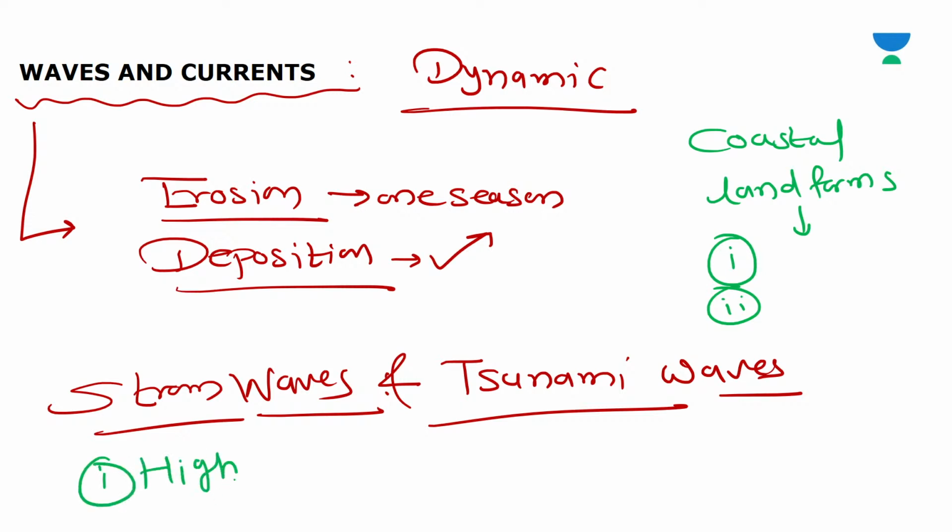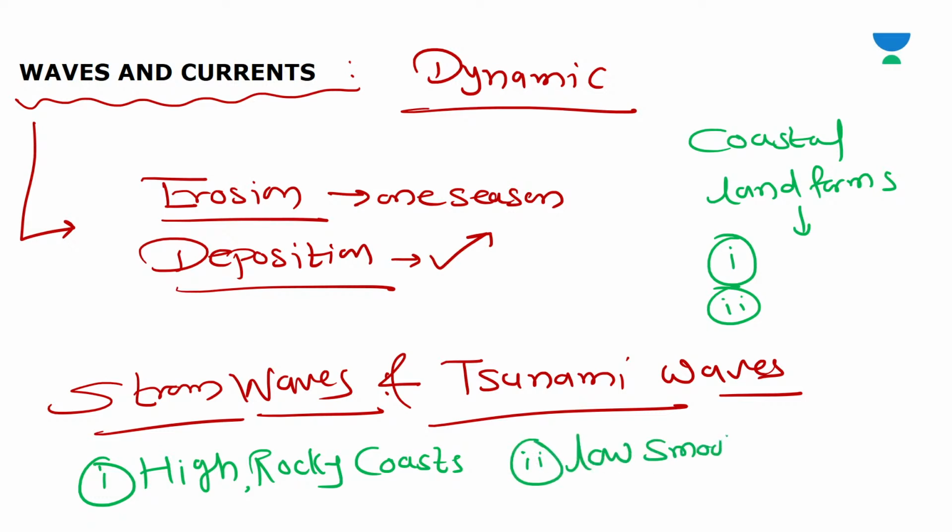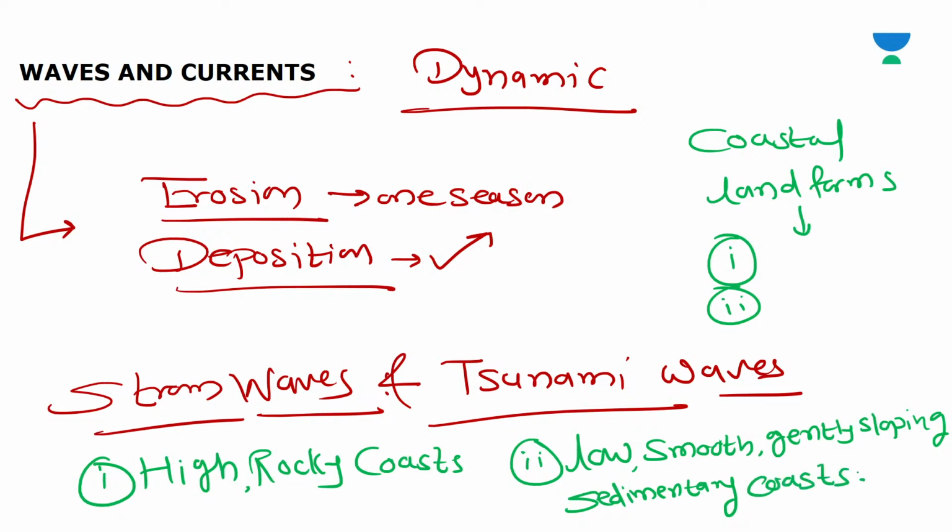One is high rocky coasts, and second one low smooth and gently sloping sedimentary coasts, that is immersed coasts.